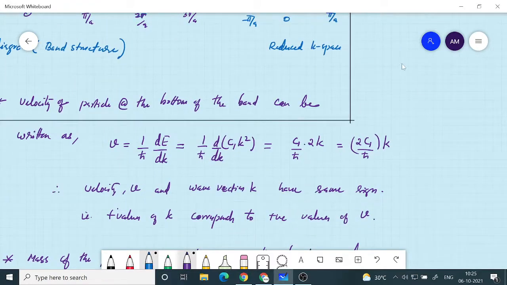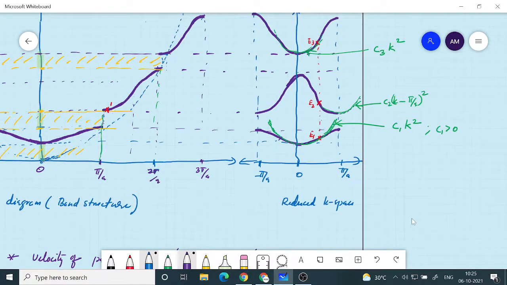If you look at different bottoms, you can see that this curvature is very small. So smaller curvature means larger mass. Whereas if you compare with the second, it has a much larger curvature. Larger curvature means it comes and quickly goes.